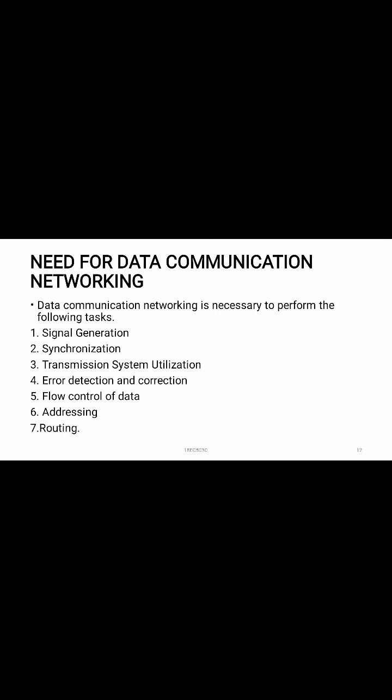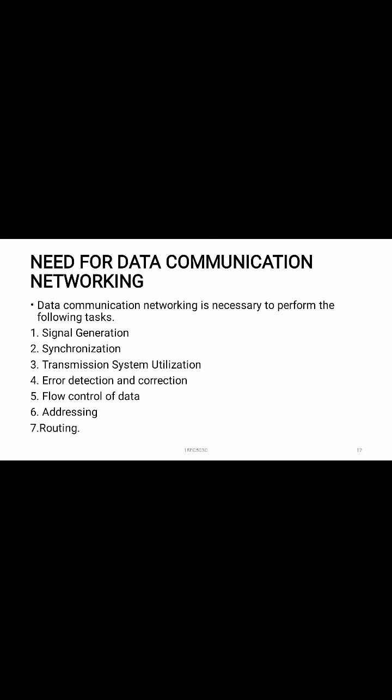Next one is need for data communication networking. In data communication networking, we have to perform the following tasks. First one is signal generation, synchronization, transmission system utilization, error detection and correction, flow control of data, addressing and routing.